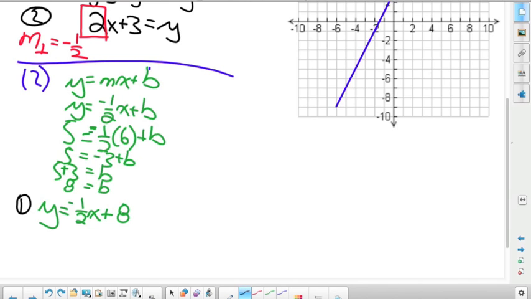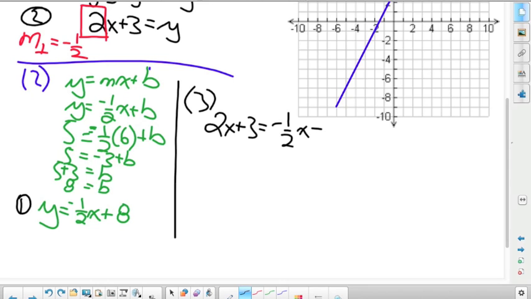So if y is equal to this, we want to sub y in here. So for the point of intersection: 2x plus 3 is equal to negative 1/2 x plus 8. That's how we solve where those 2 lines cross.